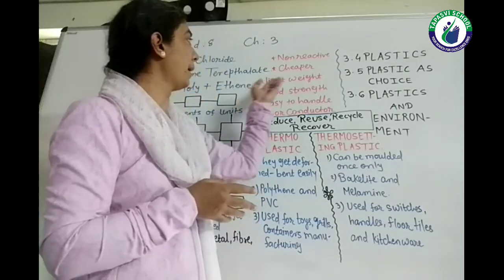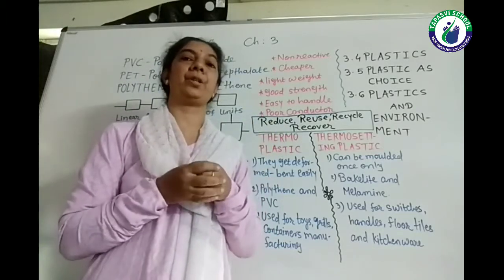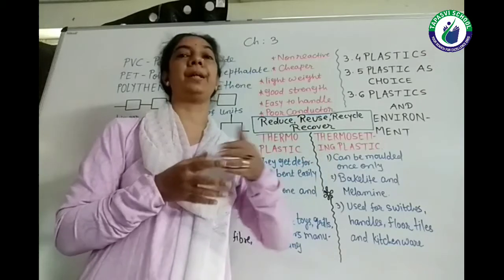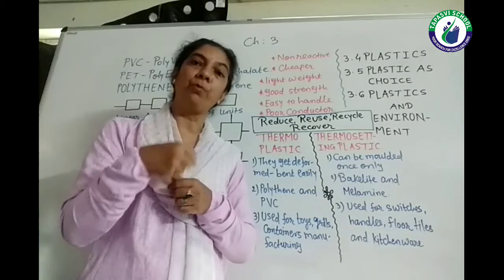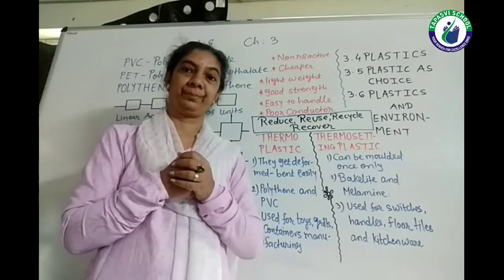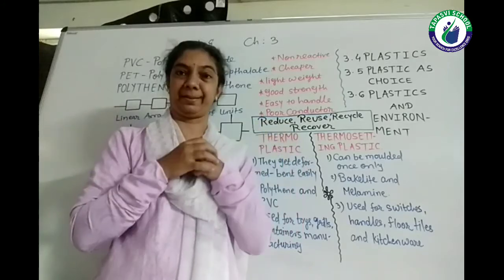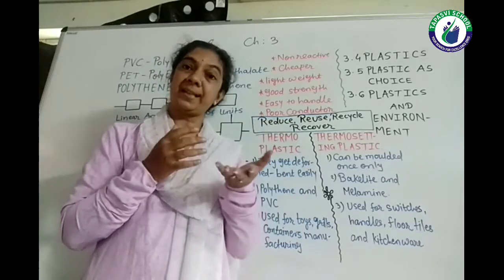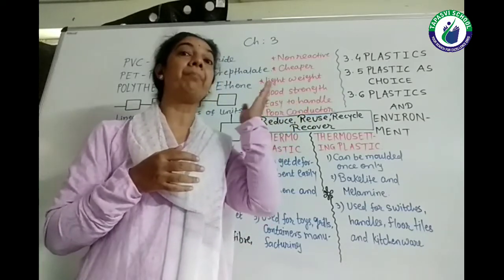Third property, they are lightweight. Compare the things which are made from the other materials. The handles can be made from the wood also. So the handle of wood and the handle of plastic. Chairs can also be made from the wood as well as it is made up from the metals also.